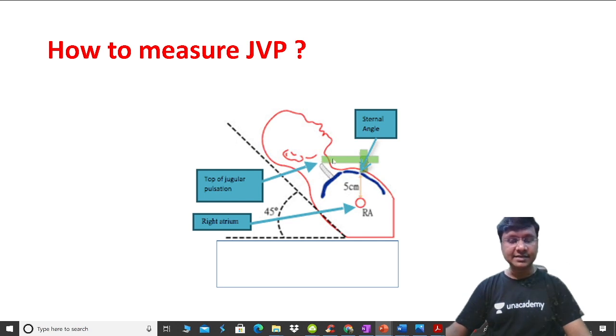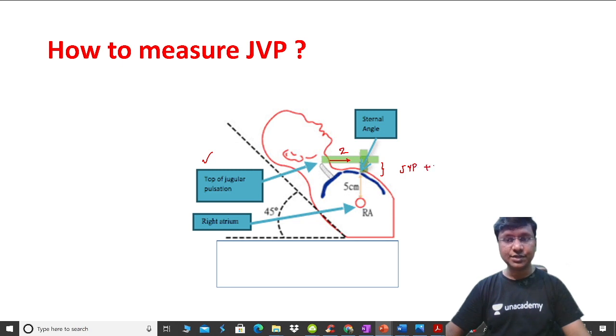Another scale, the second one, you have to place perpendicular to the first scale, starting from the top of the jugular pulsation. Whatever reading you measure, that will be your JVP.